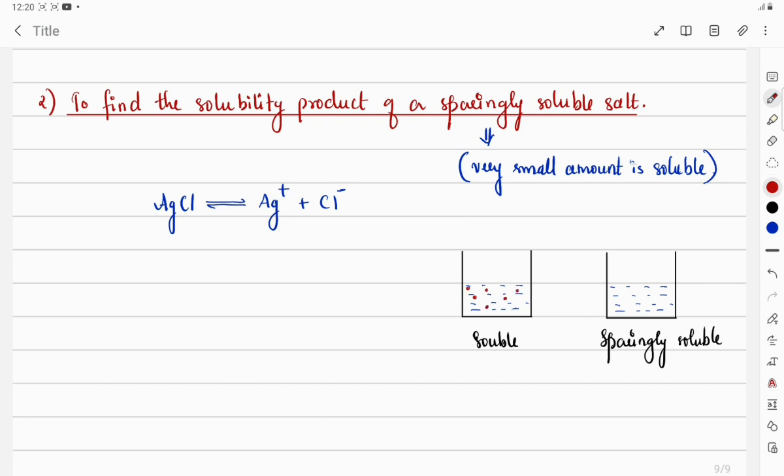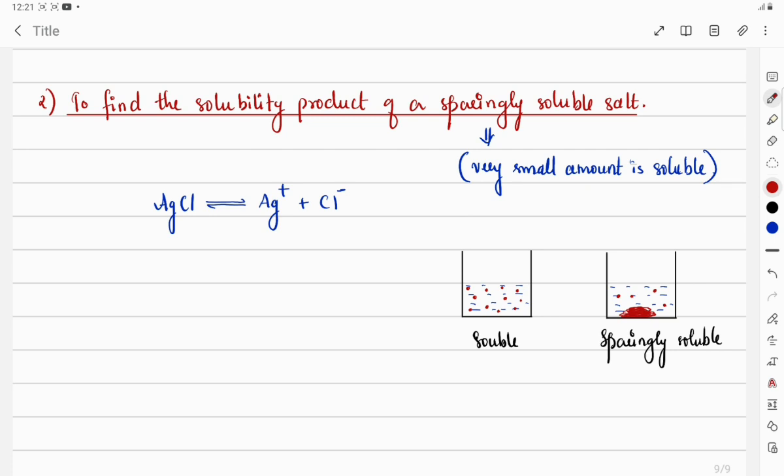So NaCl will completely dissociate and go into solution like this. But in the case of a sparingly soluble salt, what happens? Whatever you add, most of it will be deposited at the bottom like this, and only some of it will go into solution, just this. So the majority will be deposited at the bottom. So we say it is sparingly soluble.